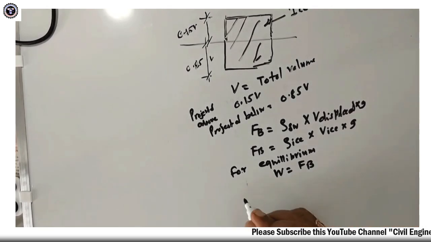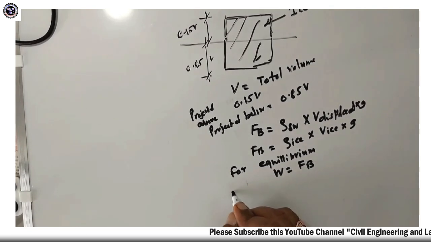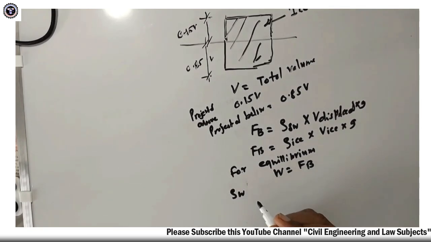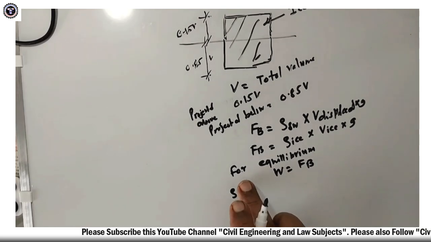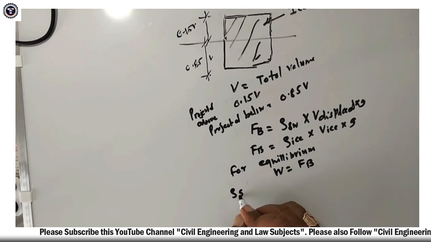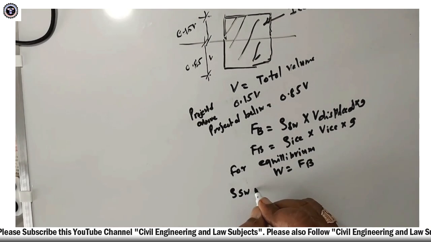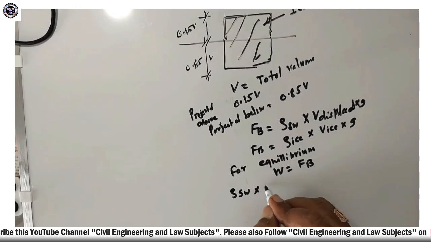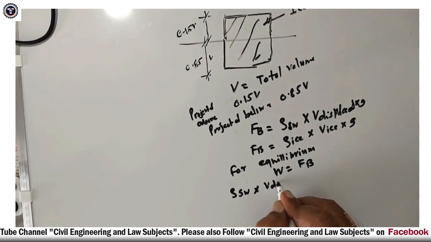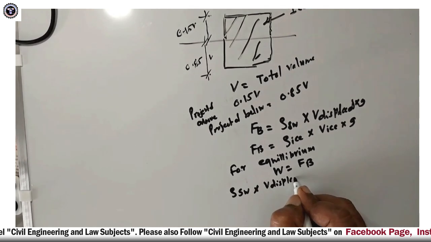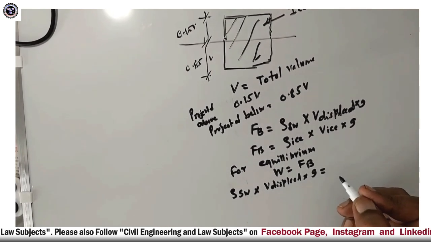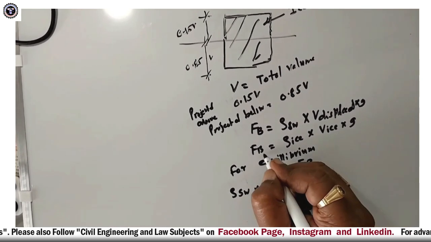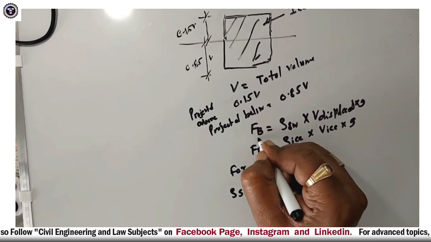So rho SW into V displaced into G must be equal to the FB for ice.